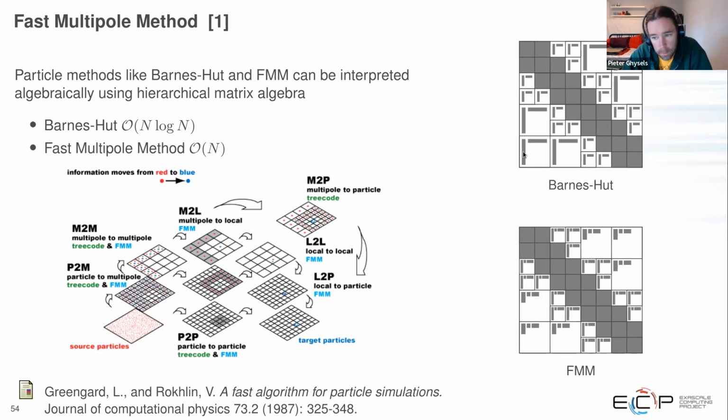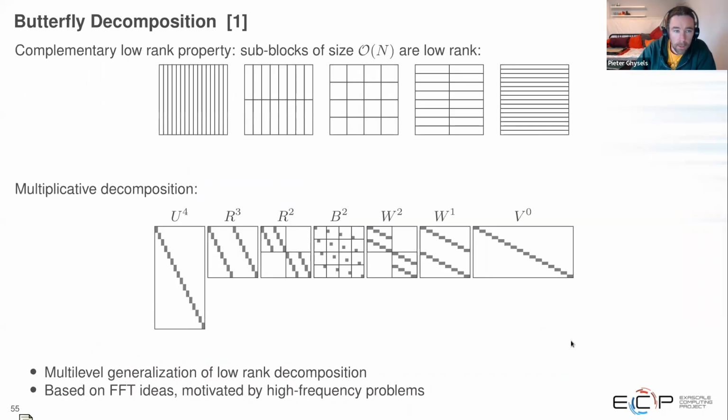So Barnes-Hut would be an H matrix where these blocks are compressed using low rank, and in the fast multipole method, you also have this property of the nested basis where you express this low rank product in terms of the basis matrices at the lower level. And then there's the butterfly decomposition, which Yang Liu implemented in ButterflyPACK, and which we can also use inside STRUMPACK.